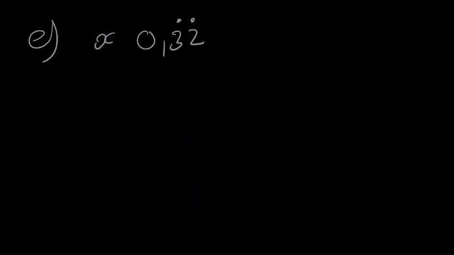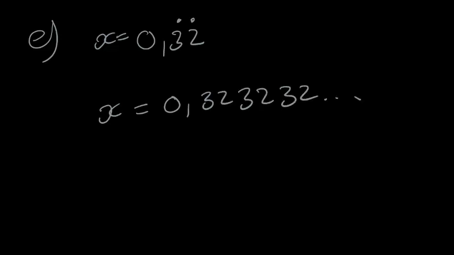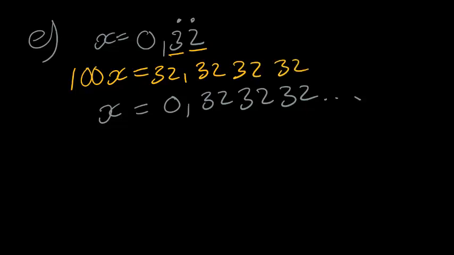This question, I'm going to say x equals 0.32 recurring. So x is equal to 0.3232 until infinity. I've got 2 decimal places, so I'm going to have 2 zeros. 100x is equal to 32.323232 until infinity.